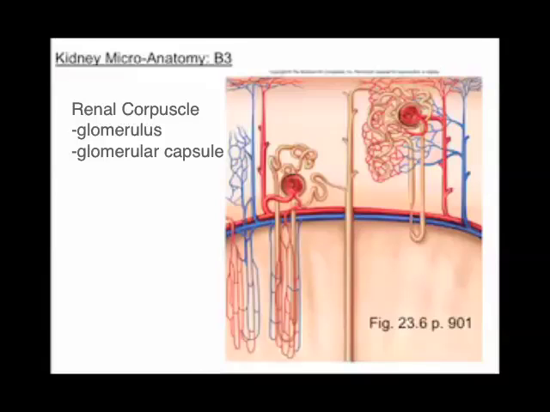That includes what's called the glomerulus, which is this tuft of capillaries here, which includes a blood vessel that goes in and a blood vessel that comes out.